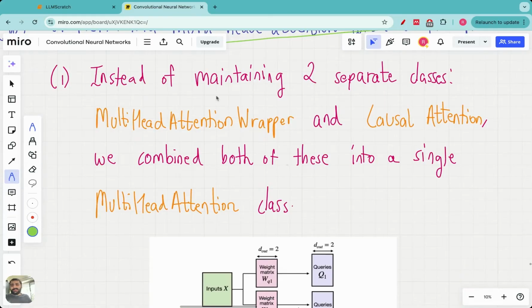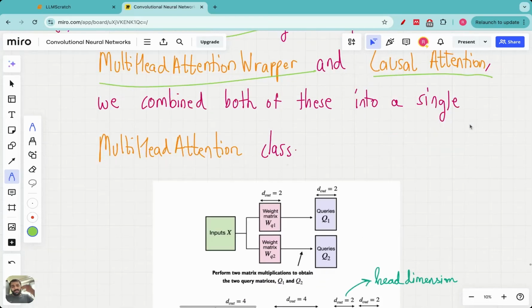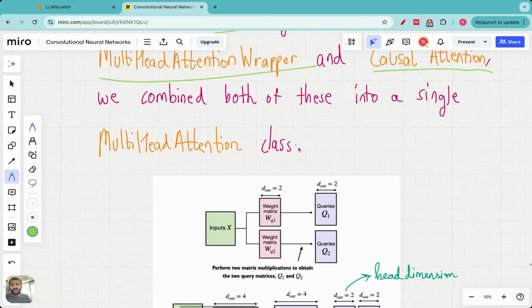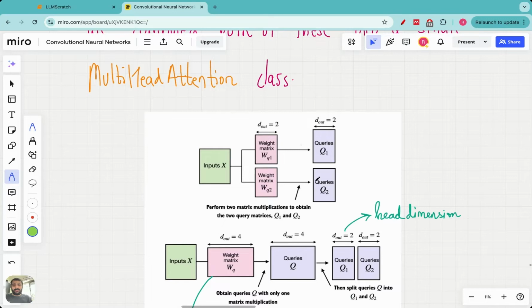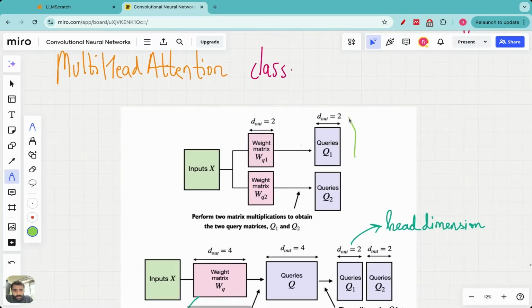So the main idea is that in the previous code we had maintained two separate classes. We had maintained a class for the multi-head attention wrapper, and we had maintained a class for the causal attention, and then we combine both of them into a single multi-head attention class. So here at the top, what you can see is what we did previously.